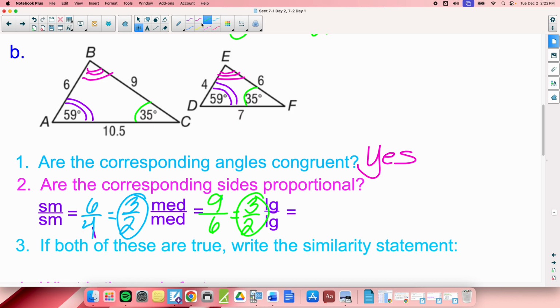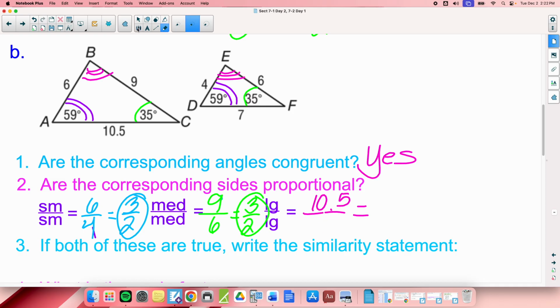Now, this is where your graphing calculator comes in nice. This has a decimal, which makes it yuckier. And that is over 6, okay? Oh, I'm sorry, 7. Sorry.